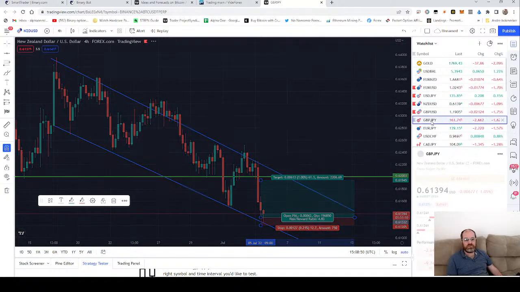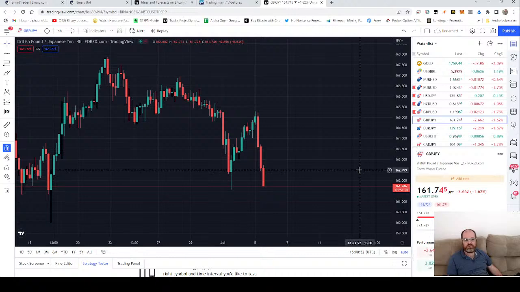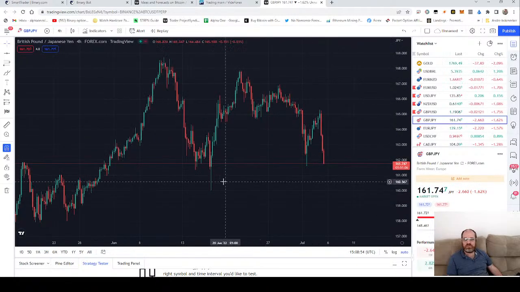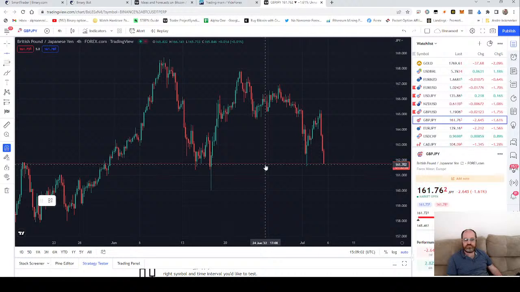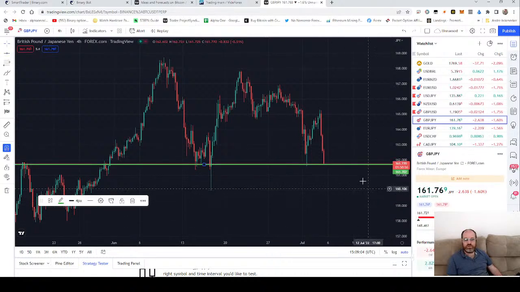Let's look more. GBPJPY. We can see now that we are in a support zone. What I would like to see here now is that it respects this support, because you can see it's a very strong support.